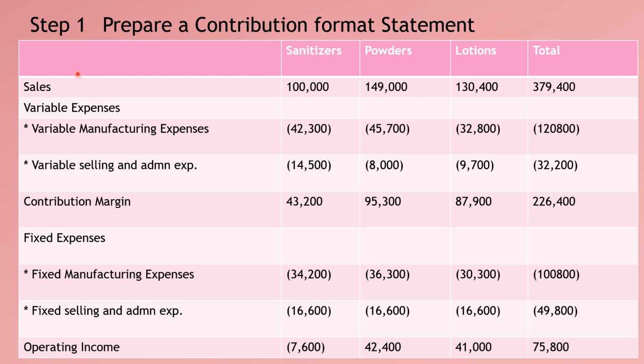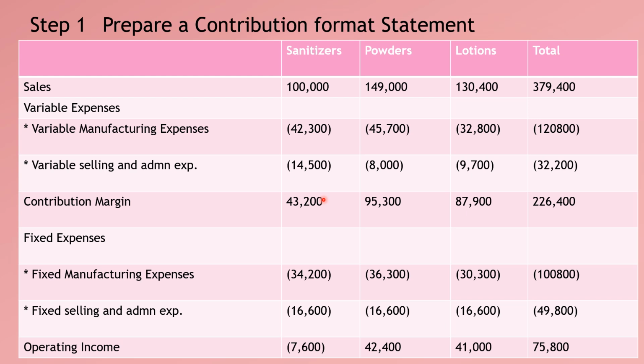So let us see. Here, in the case of sanitizers, the product which is loss making and which you are deciding to discontinue, the contribution margin is 43,200. That means it is making a profit, right?